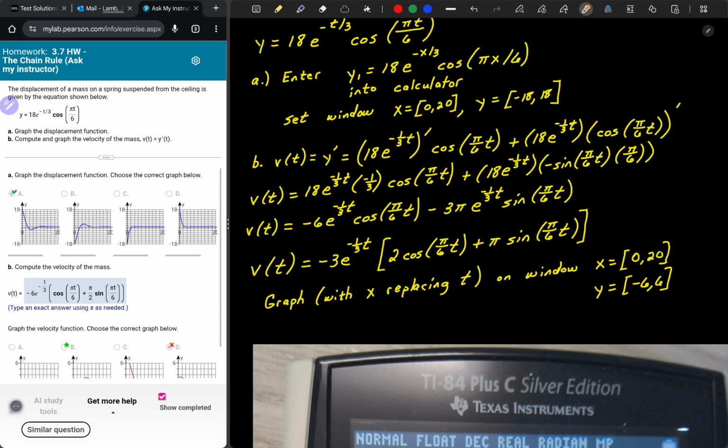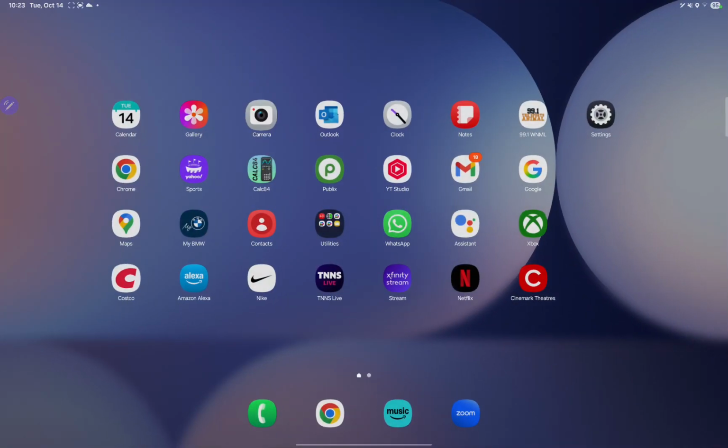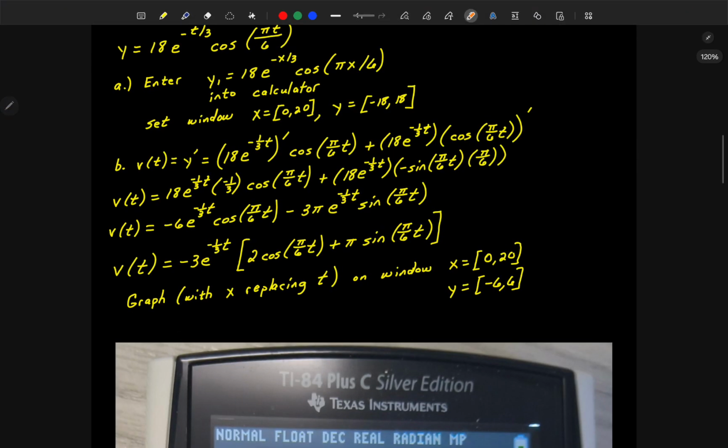When I'm factoring this expression, what I would do is look at the greatest common factor between the first term and the second term. They don't have a trig function in common, but what they do have in common here is the coefficients, the negative 6 and the negative 3 pi.